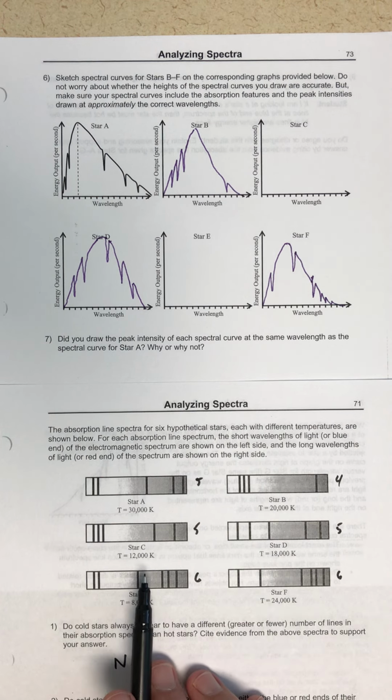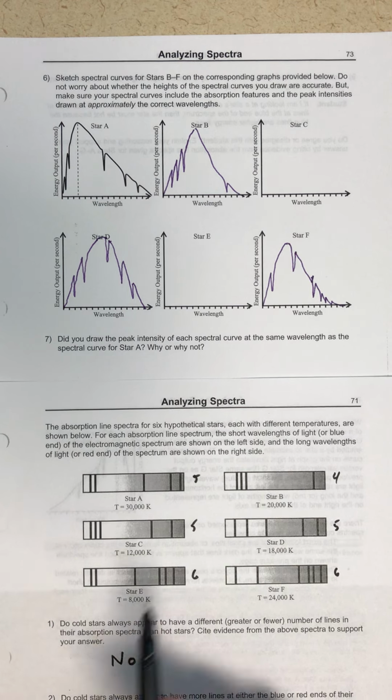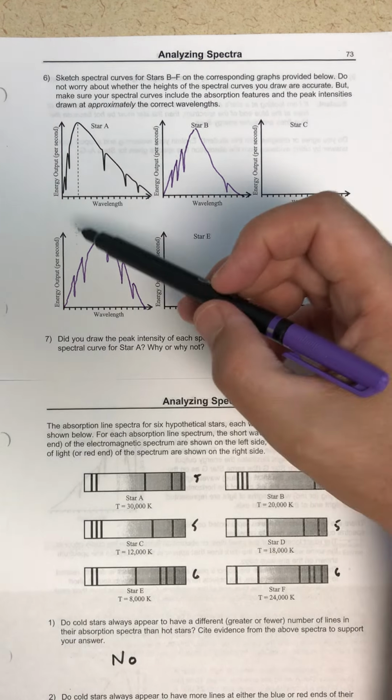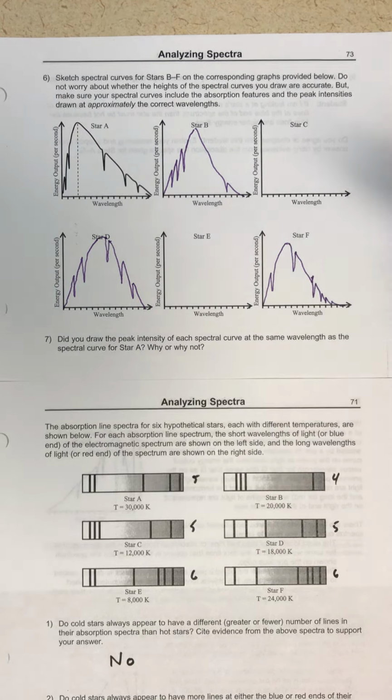Next coolest star is star C, and then the coolest star is star E. So star C, I need to move the peak a little bit further to the right still. So we're following Wien's law. I've got 3 on the way up, 2 on the way down.